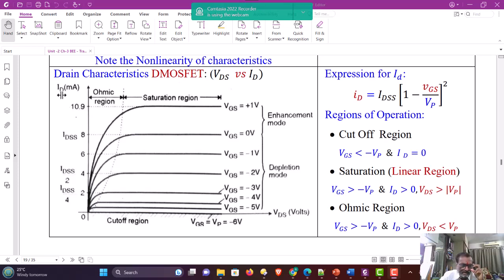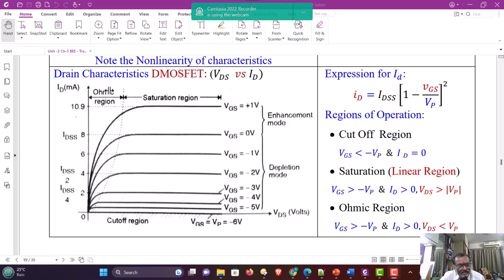These are called drain characteristics because these are the relationship of drain current versus drain to source voltage. The region below the characteristic of VGS minus 5 volt, below that you will see that the drain current is very small, and therefore the region near the x-axis at very low drain current is called the cutoff region.